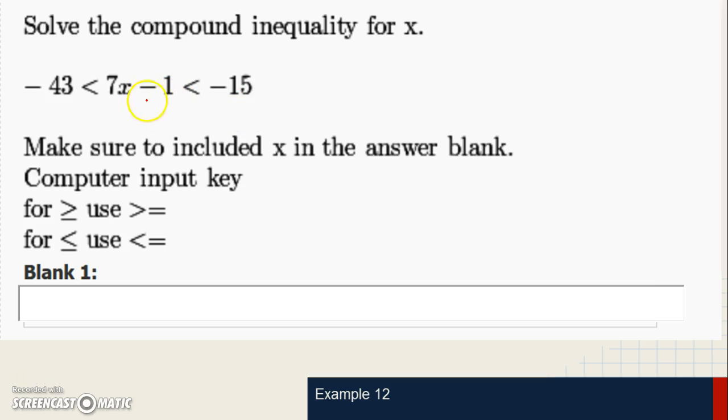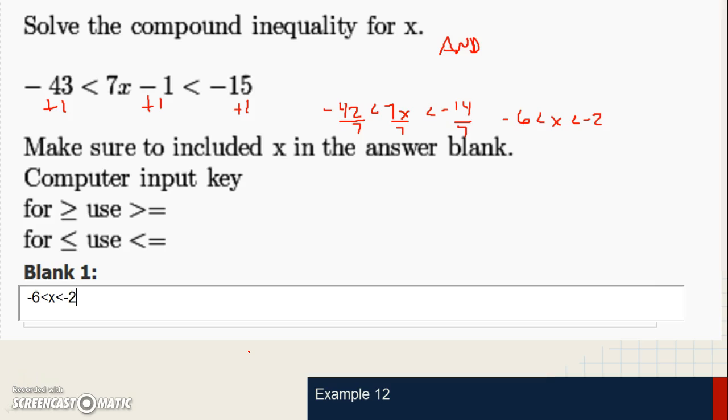This is an AND statement. I add 1 to both sides, and I have negative 42 is less than 7x is less than negative 14. Divide each term by 7, and I have negative 6 is less than x is less than negative 2. And again, I write it in with the smallest to the largest. And we're done.